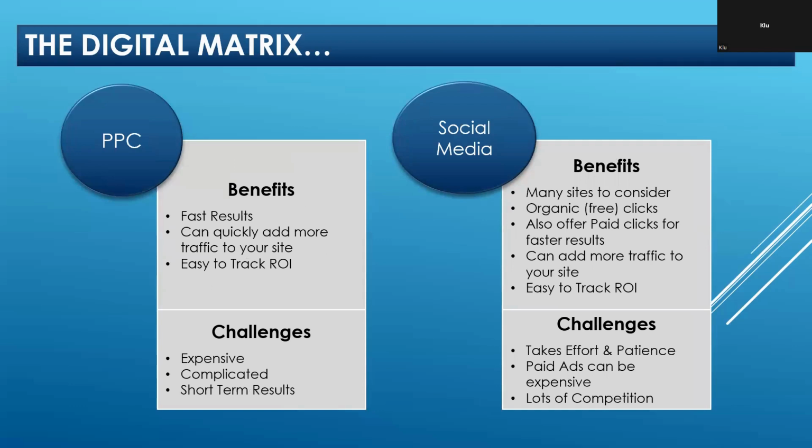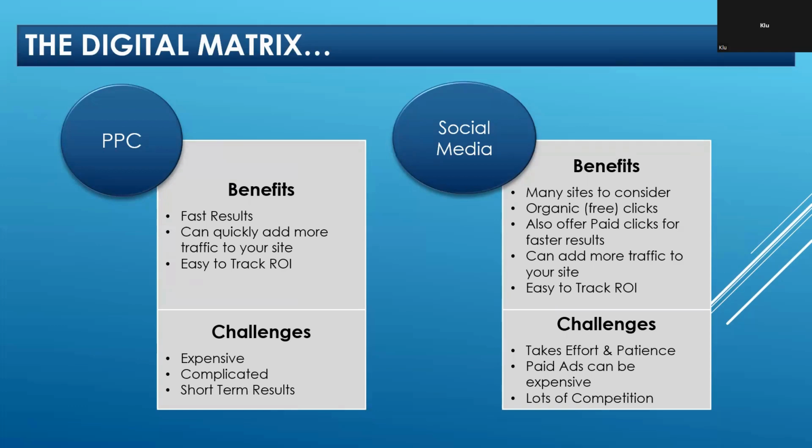Next item is pay-per-click. We talked about how this one really levels the playing field because you're using a bid strategy to help you compete against, could be much larger companies or similar companies to you. You can get your ad up on the first page of Google, get it seen, get clicks, and get traffic coming into your website immediately.